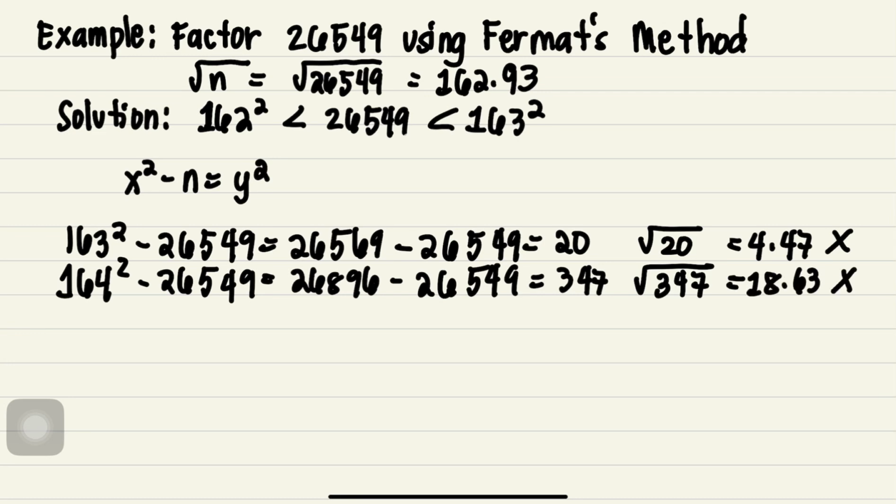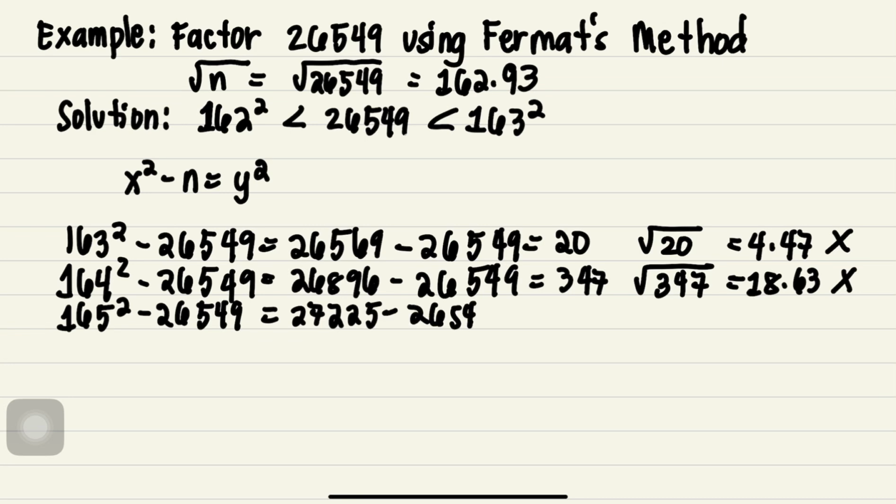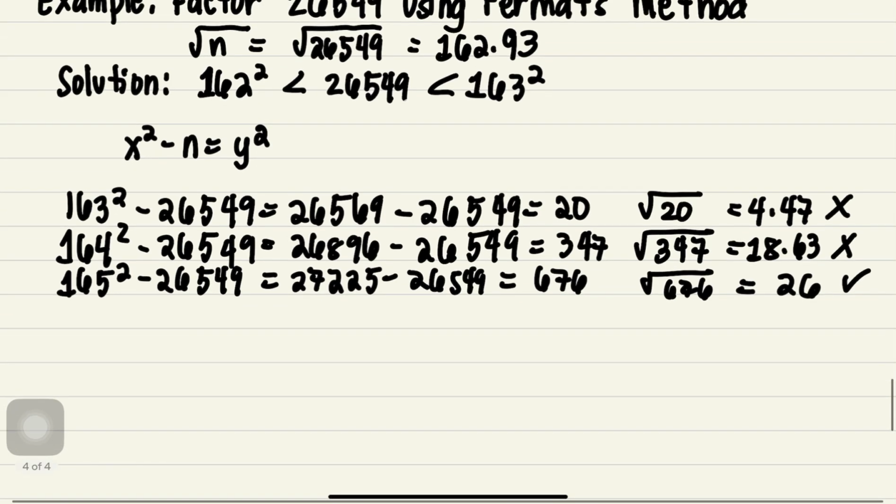So this is not a perfect square. So 165 squared minus 26,549 equals 27,225 minus 26,549 equals 676. Square root of 676 equals 26. So this is a perfect square, so we'll stop here.